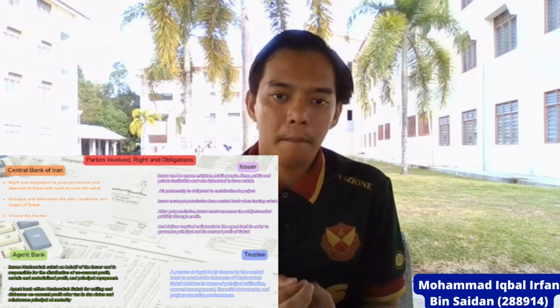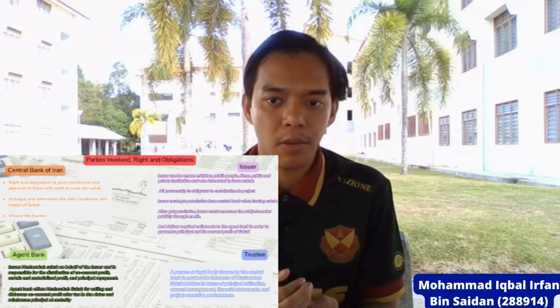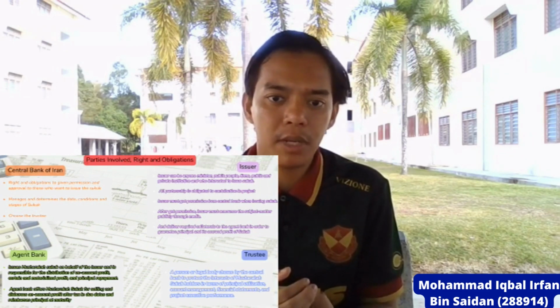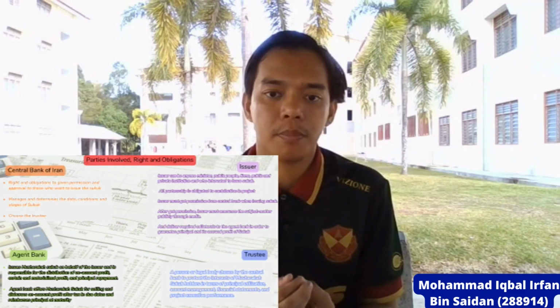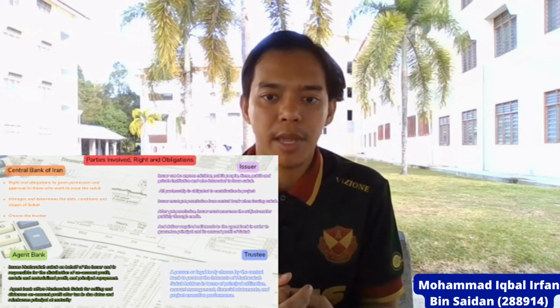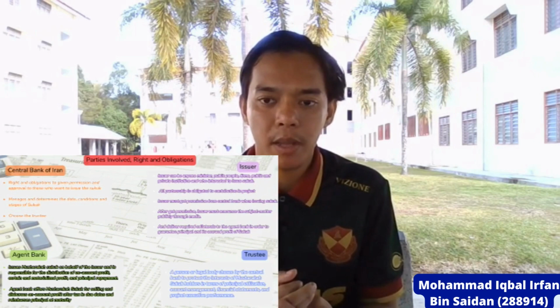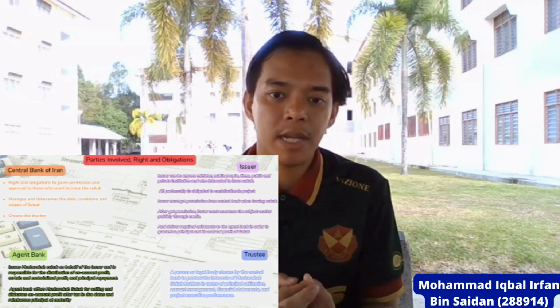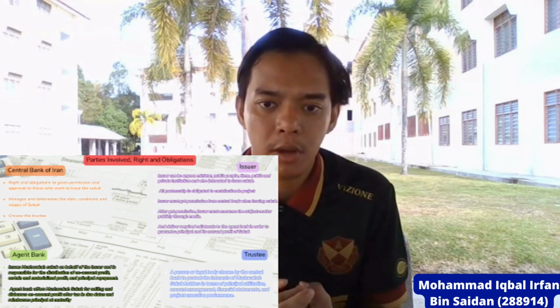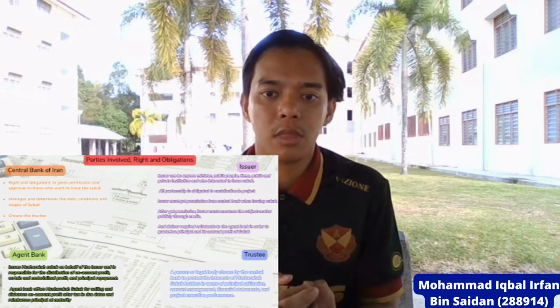The issuer must get permission from the central bank when issuing the Sukuk. After getting permission from the central bank, the issuer must announce the subject matter publicly through the media and deliver the required documents to the agent bank in order to guarantee the principal and the accuracy of the profit of the Sukuk.